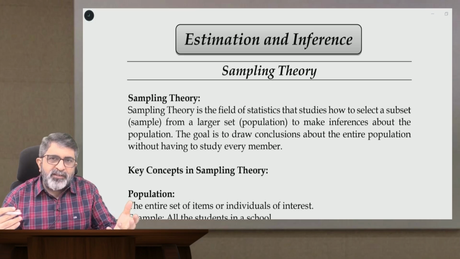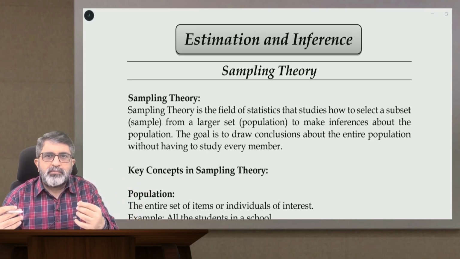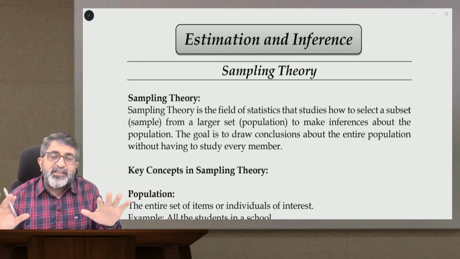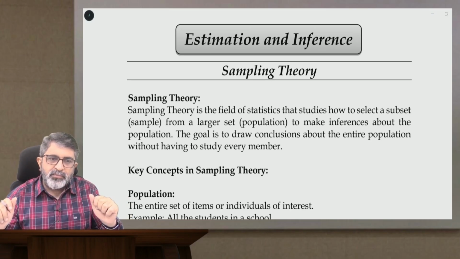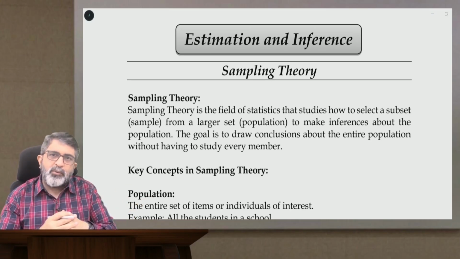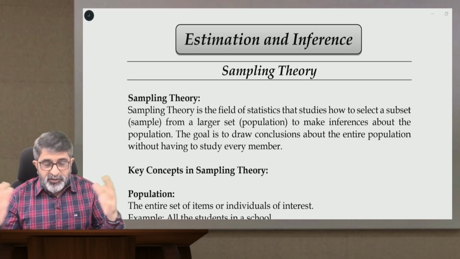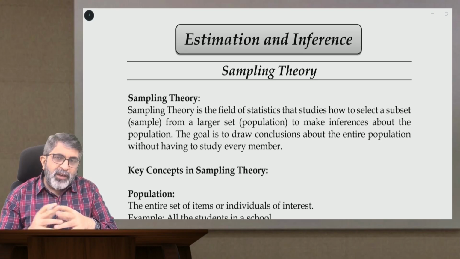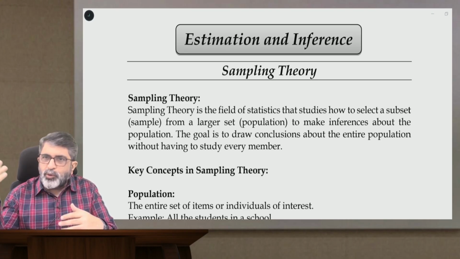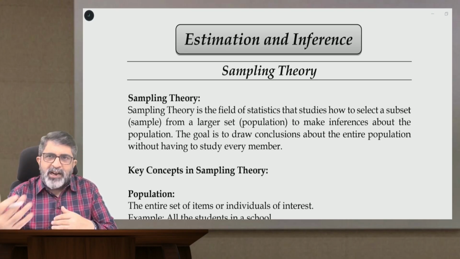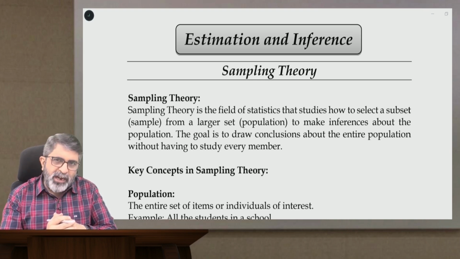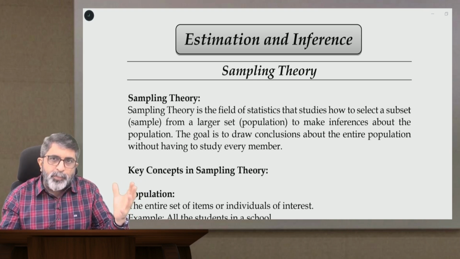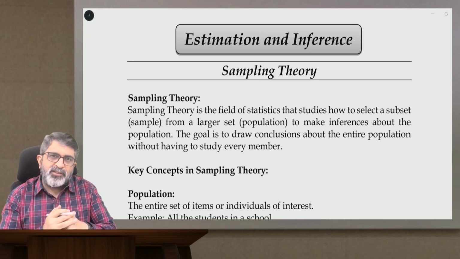Now, the town has say 3 million residents and maybe half of them are working. It is still a big count. So, you cannot inquire about the income of all those 3 million people or 1.5 million people. You cannot do that because it is too large a population to analyze.